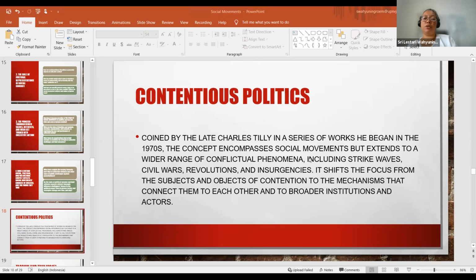Damar, how do you translate contentious politics? Damar? We moved you out, okay? Damar Yanuarta, twice. Damar Yanuarta, 3 times, okay.